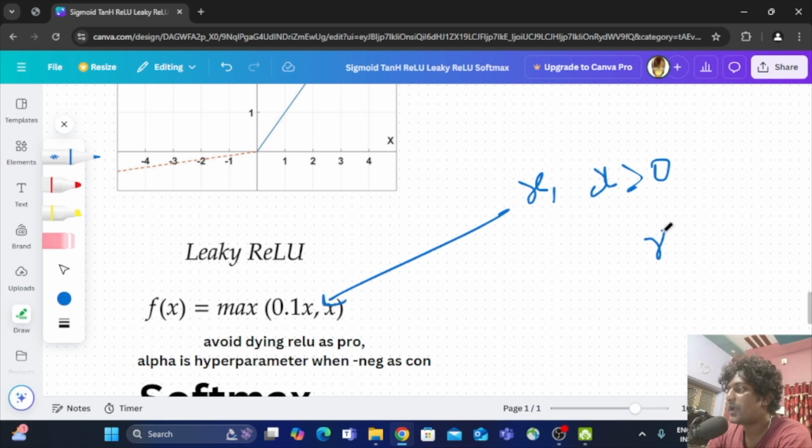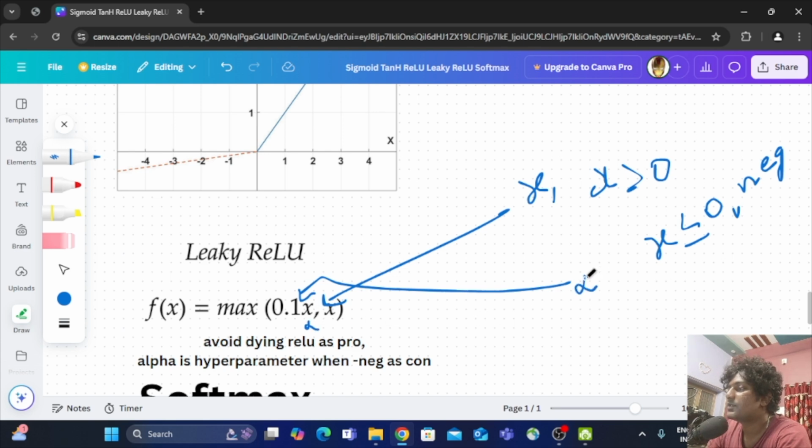If the input value is less than or equal to 0, that means negative, it will not become 0. Why? We have a hyperparameter here called alpha. The alpha is applied to the input value, so that's the reason it will not become 0.